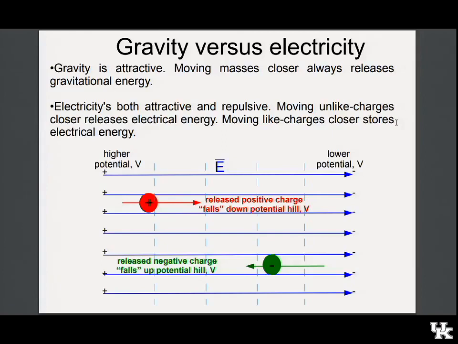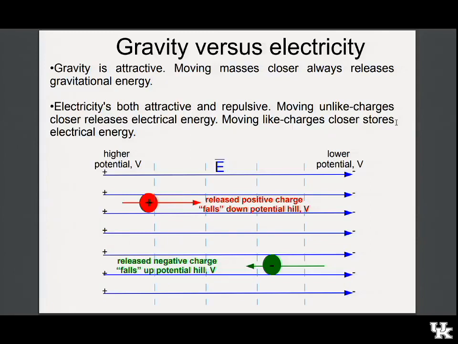If you move two masses together, what you're always doing, because they attract one another, is releasing gravitational potential energy. And you would have to add gravitational potential energy to pull those masses apart.